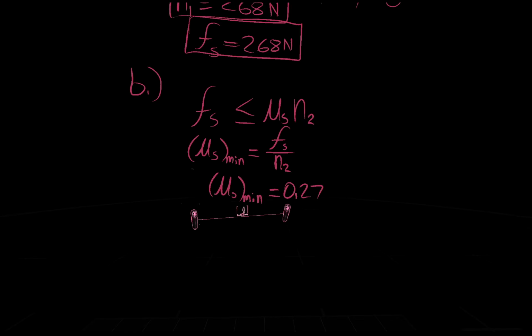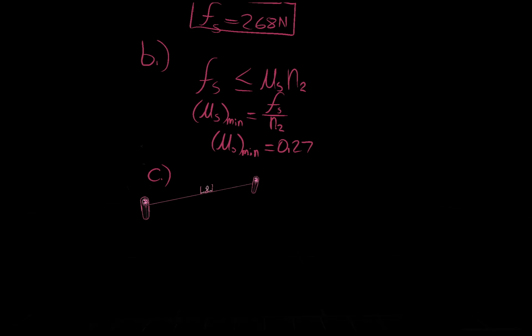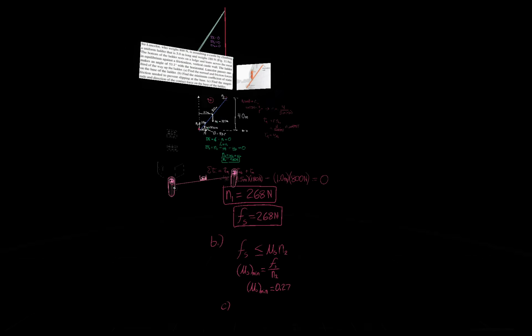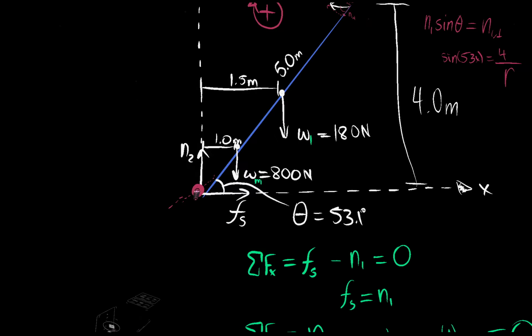And then C asks about the total contact force on the base of the ladder. That's just the force vector made up by the two components, N2 and F sub s, right? So there is some total force vector this kind of way on the ladder from the ground providing a component that is frictional and a component that is normal, I guess.